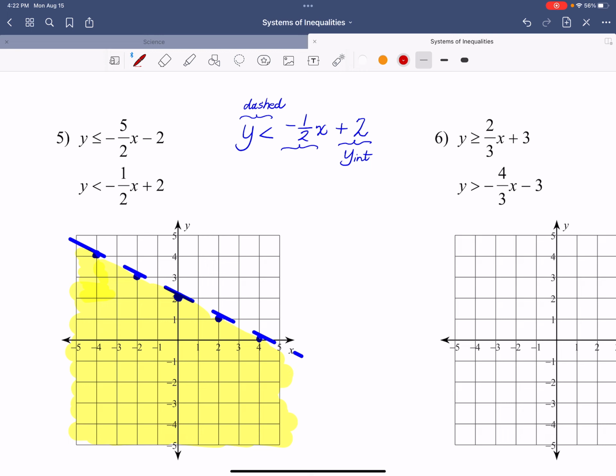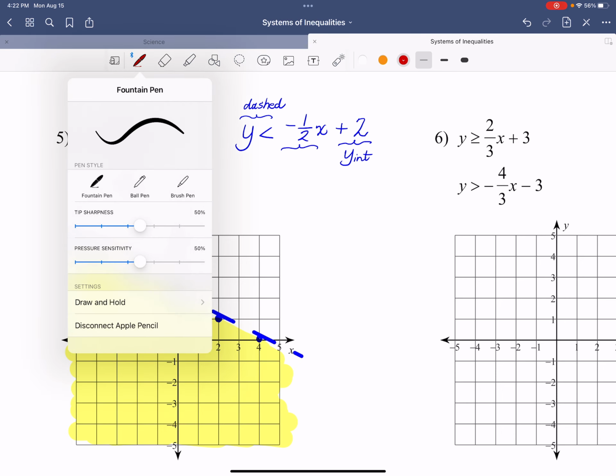So you have y is less than or equal to, so that's going to be a solid line. Okay, this is getting on my nerves now. Let me try that again. And I'm going to have to adjust the pressure. I don't want to do draw and hold.